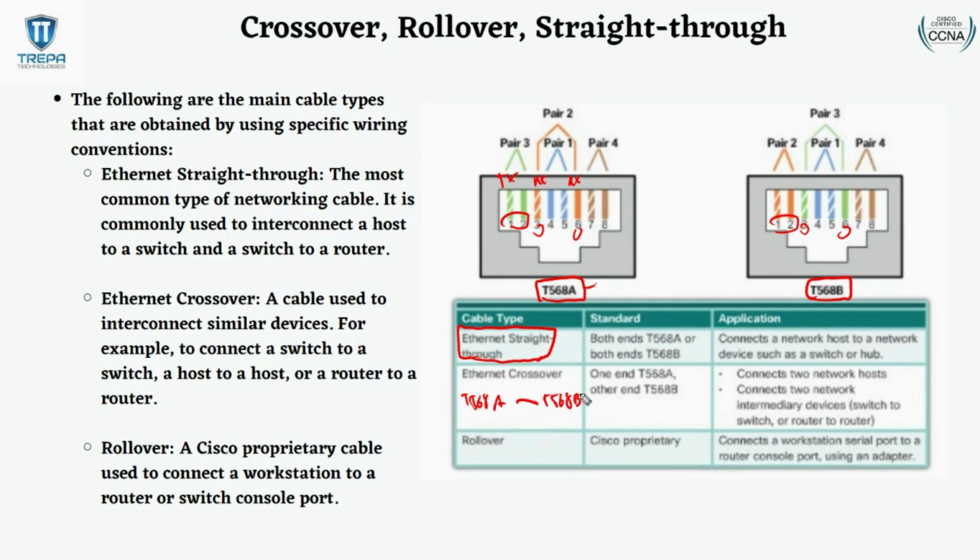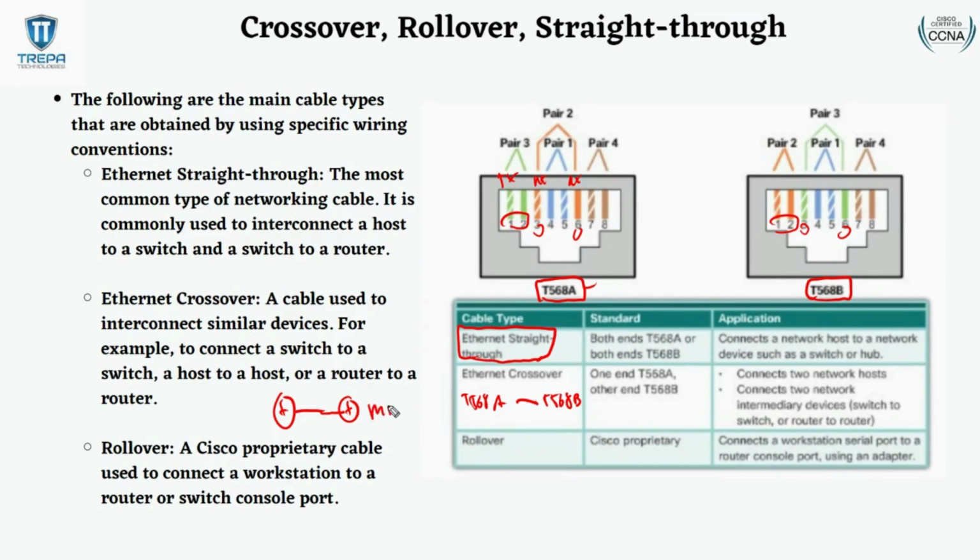Now, why would we do this? In the days of old, if we were connecting like devices, so router to router, we needed a crossover cable. That has to do with the pinouts, because we couldn't be transmitting and receiving on the same pins on both sides. But nowadays, we have technology and software that fixes that.